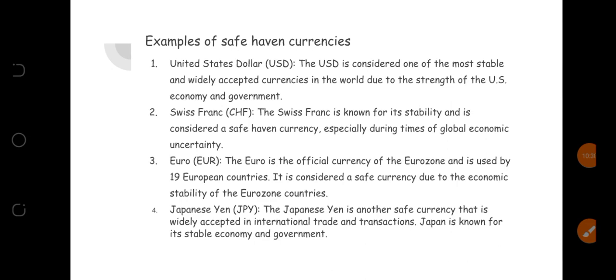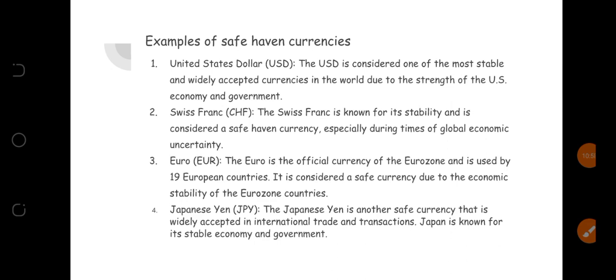These 19 member countries chose one currency, which is the euro itself. And then the Japanese yen is also a good safe haven, and it's widely traded at the international level.